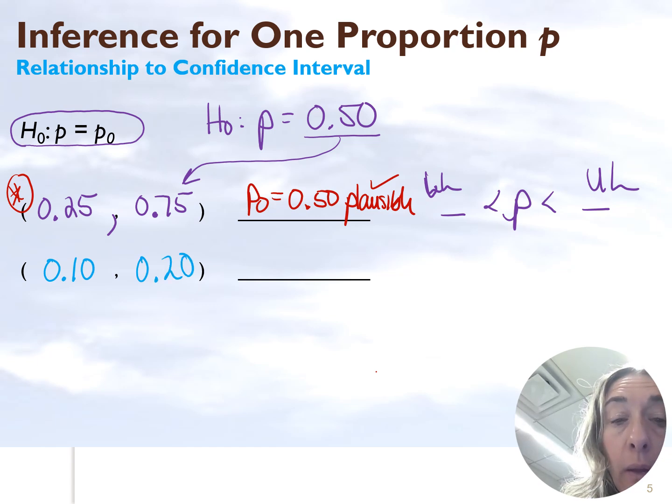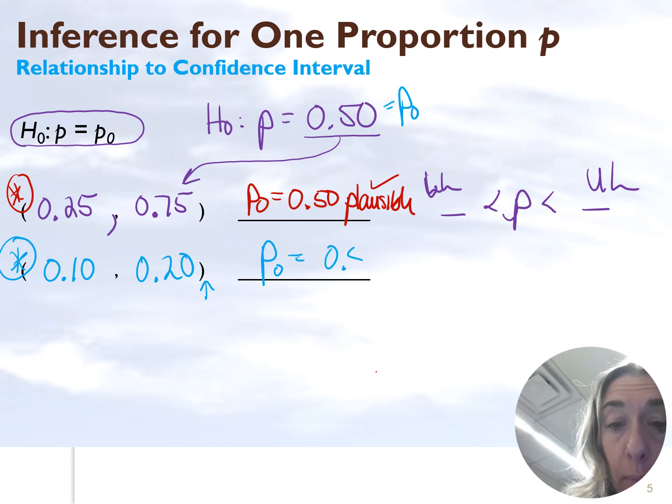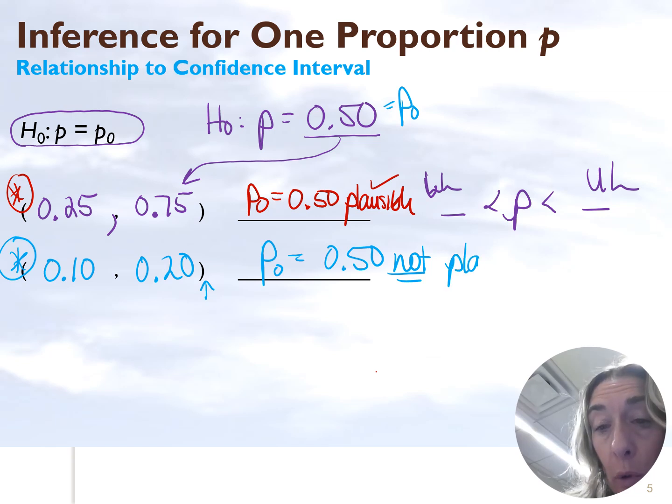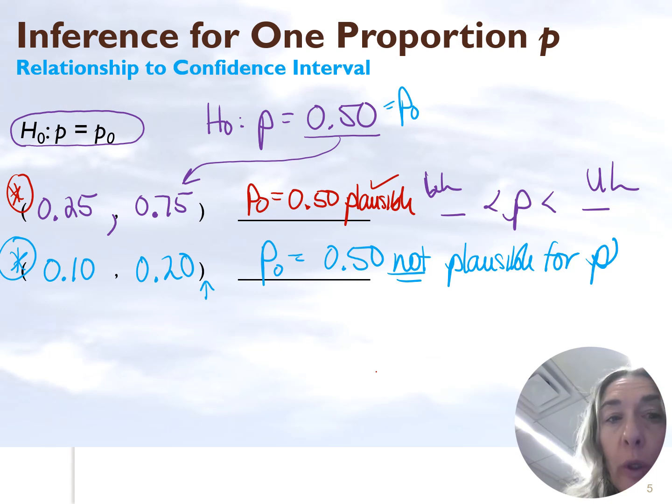In this case, the hypothesized proportion of 0.5 is outside of this confidence interval. It's above 0.2. So in this case, p naught equal to 0.5 is not plausible for p, in which case we would reject that null hypothesis.